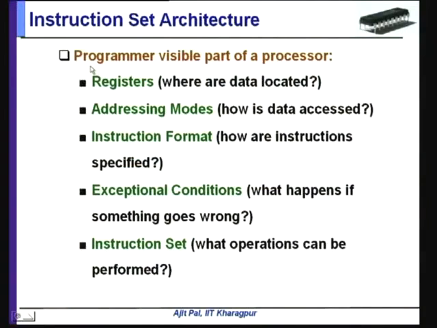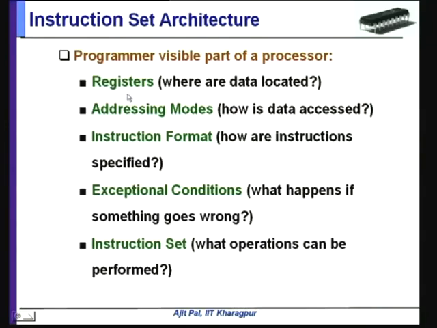Now, let us focus on the programmer visible part of a processor. Number one is registers. With the help of these registers, you have places where data are located. You can store data, and you can access data with the help of instructions.